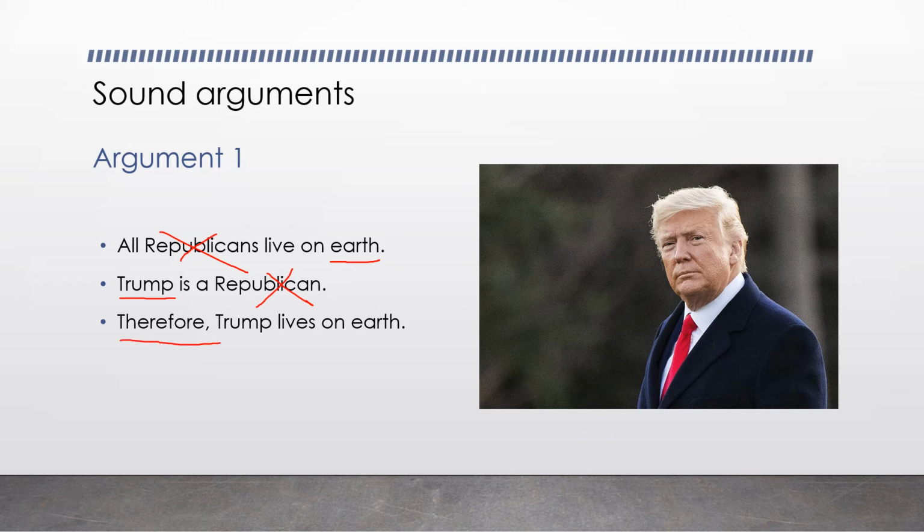Notice the indicator word for where we're concluding, the therefore. Trump lives on Earth. It's very simple to move from one to the other. This is a sound argument. Each of the claims is true. Logically, it follows. Trump has taken the place of the term Republican, and the argument works. It is a sound and valid argument.